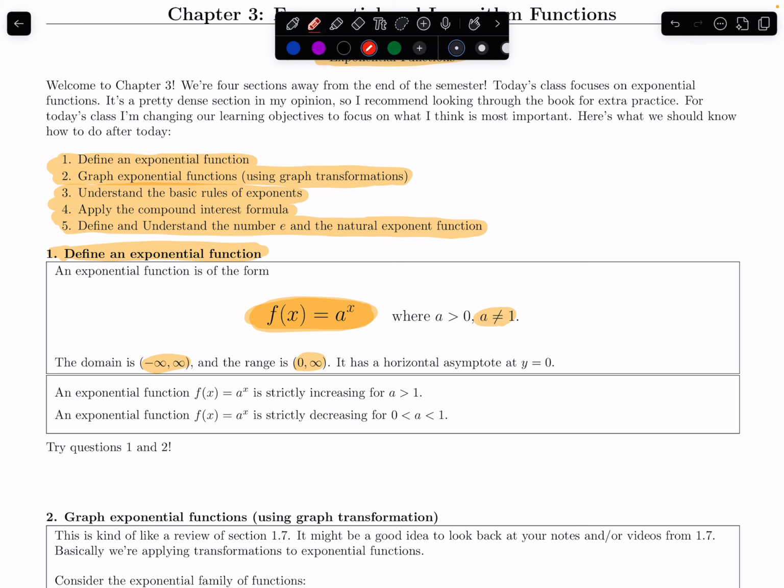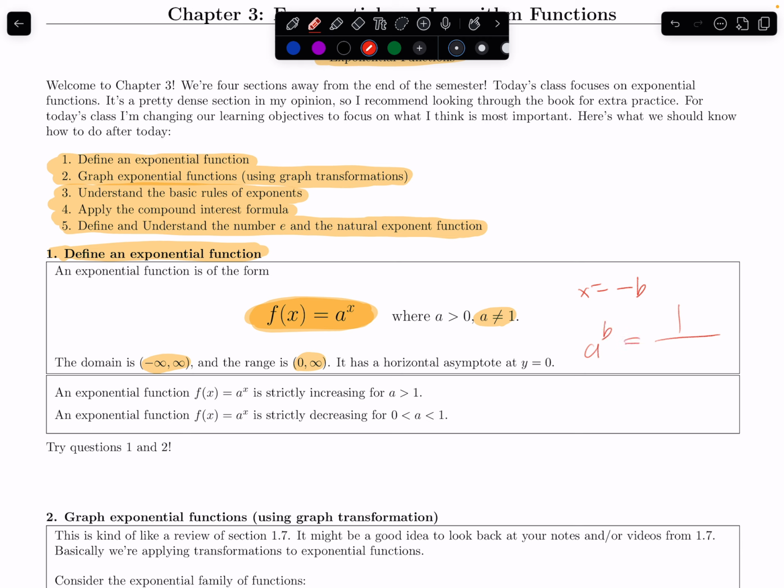Why 0 to infinity? Well, if x is a big negative number, what does the negative exponent mean? It means you put 1 over a to that power. Oh, sorry, that's not accurate. I didn't write that correctly. Let's say x is some negative number, negative b.